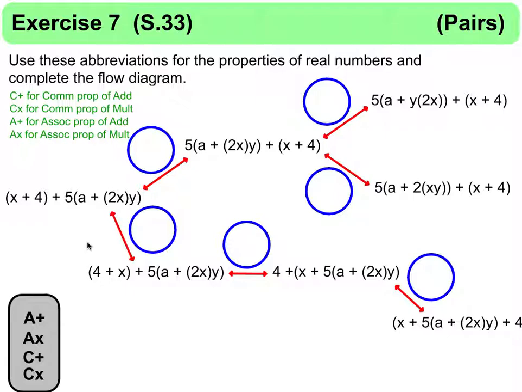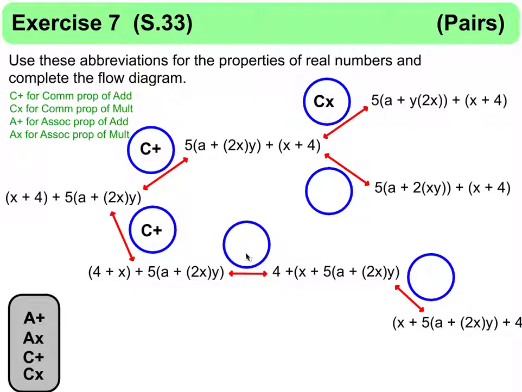So the answers, when we look at this, is this first one up here at the top is the commutative of addition. Now if I follow this flow through, we'll look at this one right here, would have been the commutative property of multiplication. This circle right here would be the commutative property of addition.